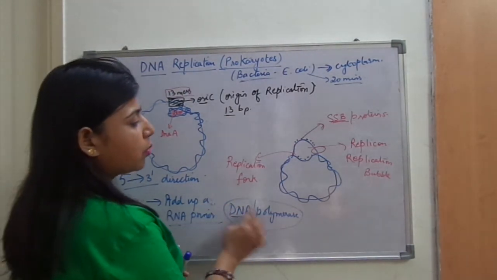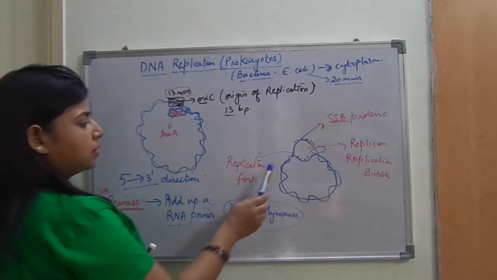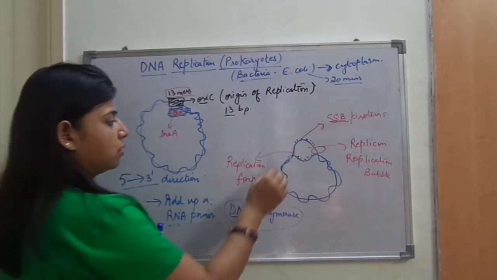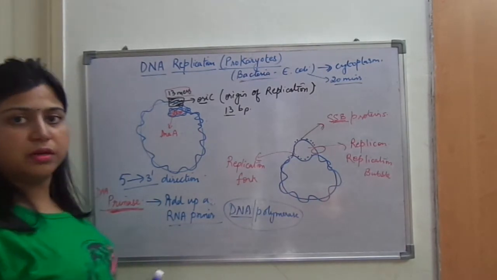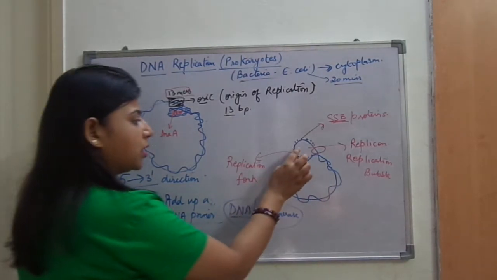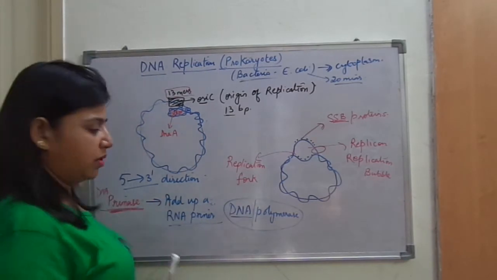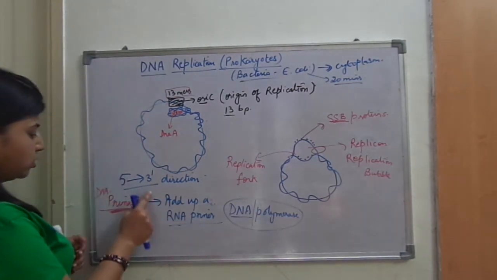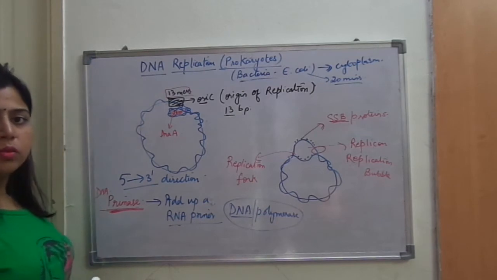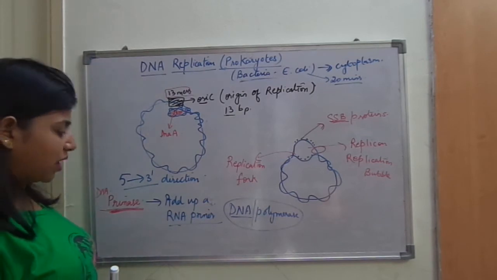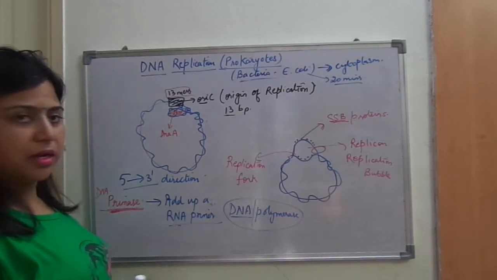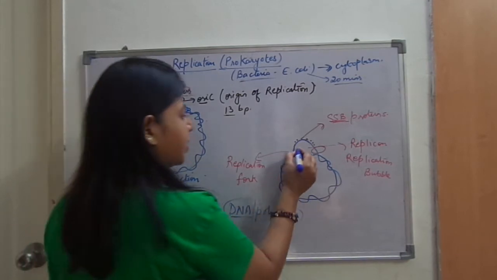So this DNA polymerase enzyme cannot initiate the process of DNA replication. It can only elongate the DNA, but it will not start the DNA replication. To start the DNA replication, this enzyme is required, which is more properly known as DNA primase, which adds an RNA primer.